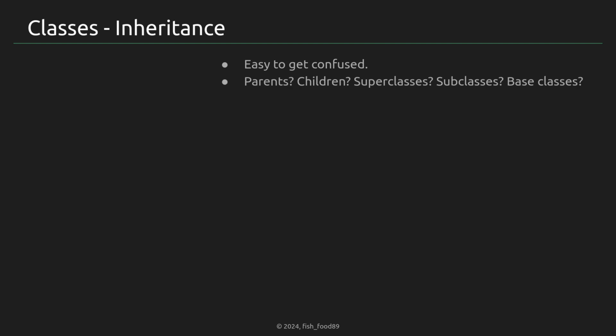So in inheritance with classes, we talk about parents, children, superclasses, subclasses, and even base classes. What's it all about? Well, a parent class is the same as a superclass, which is the same as a base class. It's the same concept, different name.